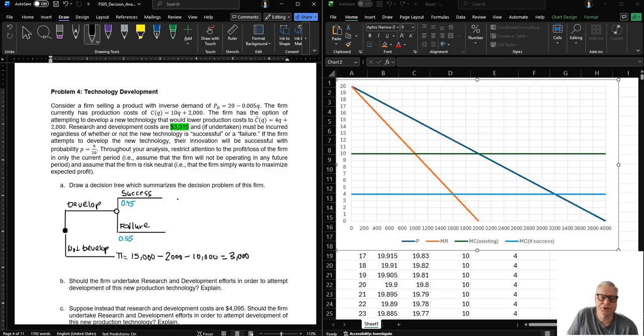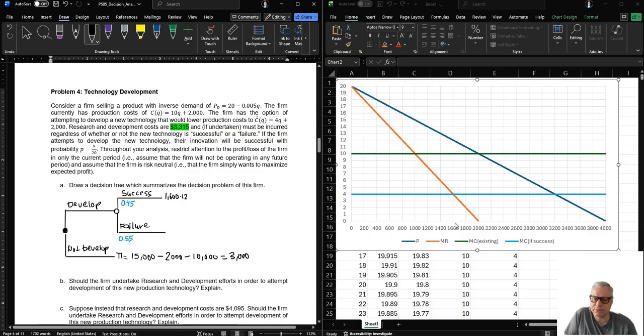That's the intersection. So if everything goes well, the total revenue is selling 1,600 at the price of 12. And then we have the lower marginal cost.